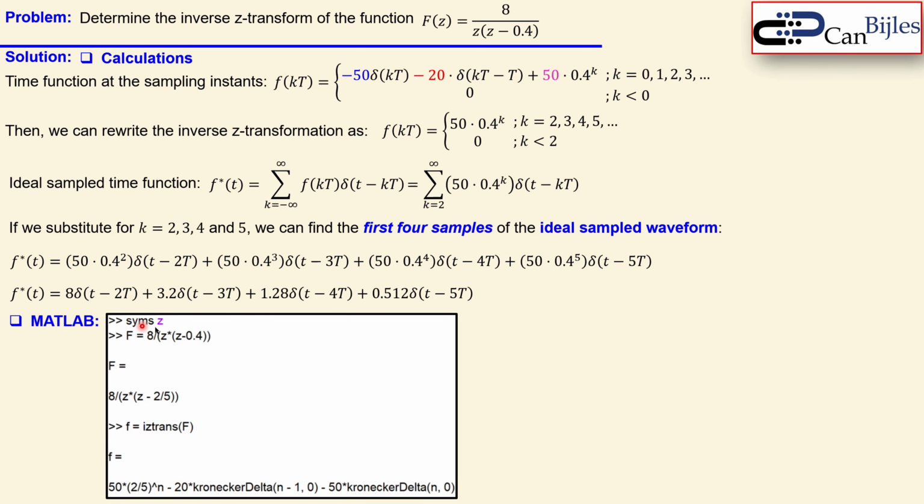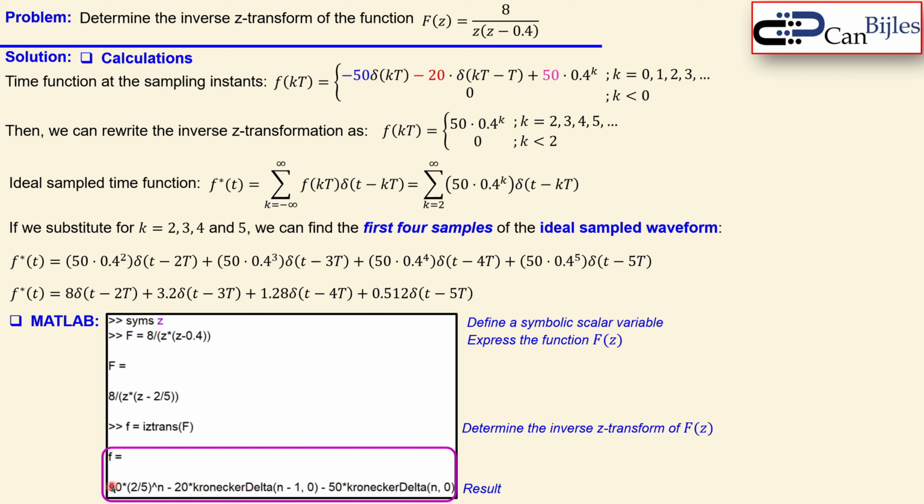Okay, let's bring it here and move on to the MATLAB command window. We see here the command for defining a symbolic scalar value, and then we express our function, which is here, and then we determine our inverse z-transform by this command iztrans, capital letter F, which is equal to the small letter f, and that is the result shown here. What you see is the following. The first term is 50 times 2 over 5, which is 0.4 to the power n, which is the third term here.